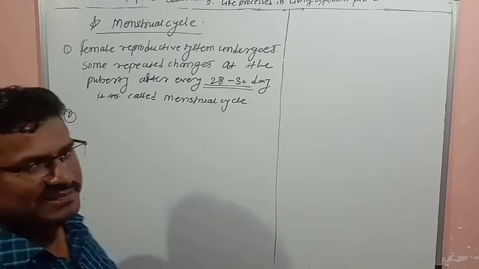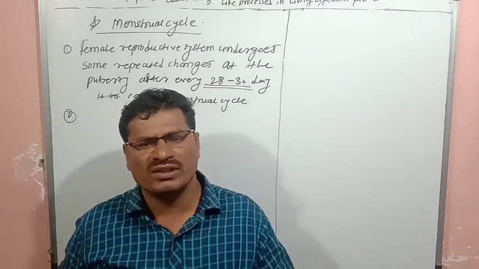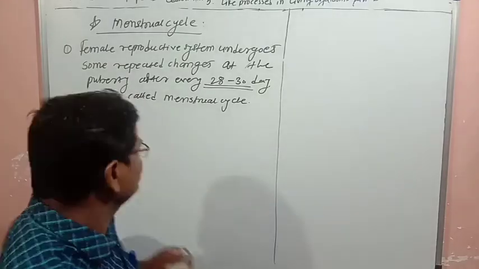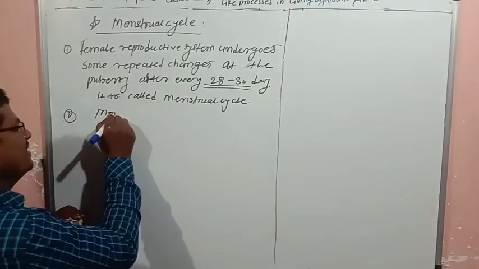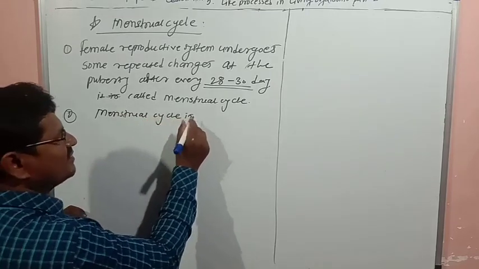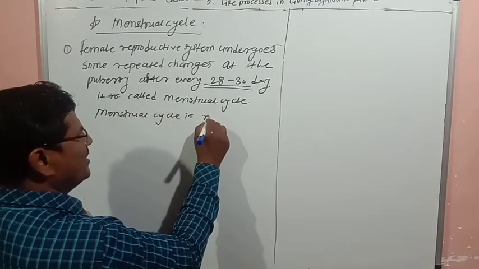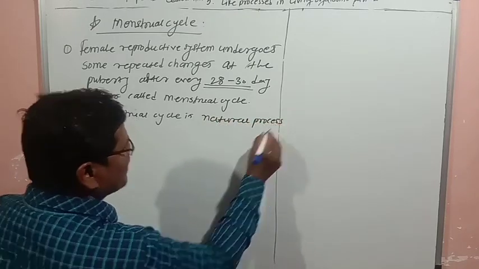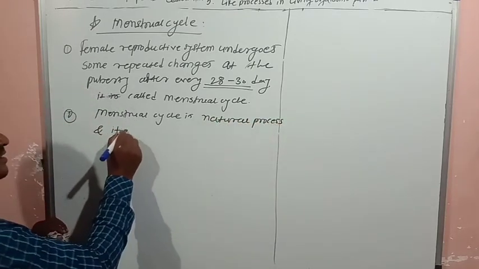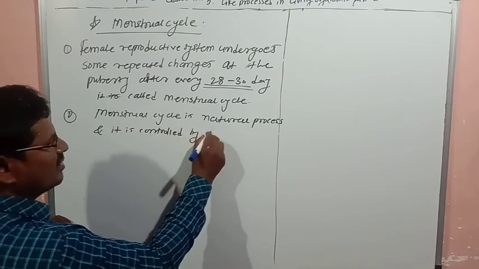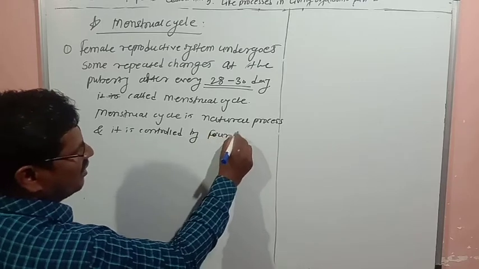Second point is there. The menstrual cycle is a natural process, and it is controlled by four hormones.